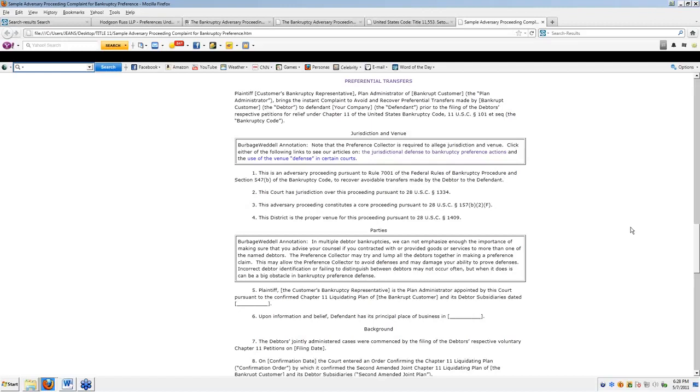Incorrect debtor identification or failing to distinguish between debtors may not occur often, but when it does, it can be a big obstacle in bankruptcy preference defense. Explain that. Well, this is if you have multiple claims. This case that I'm involved in, they have multiple claims in there because this is a farm property.